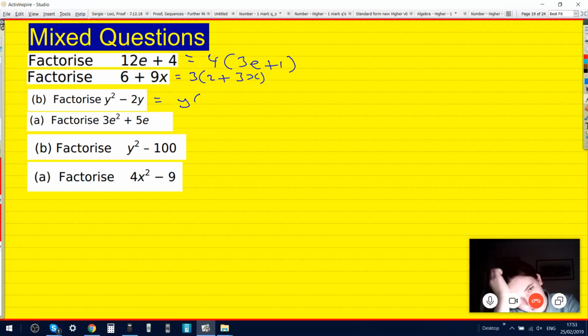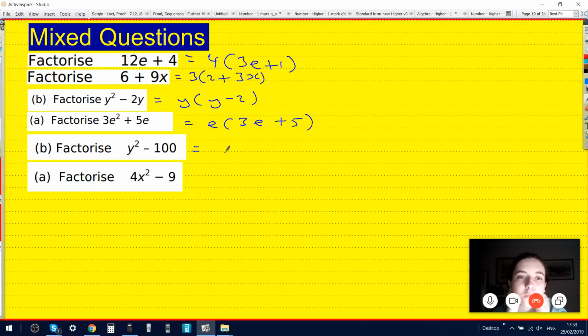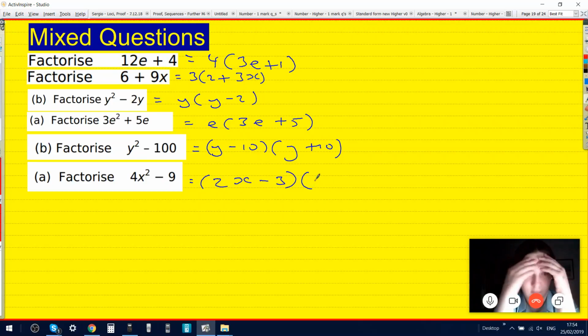y minus 2. e, 3e plus 5. y minus 10, y plus 10. 2x minus 3, 2x plus 3.